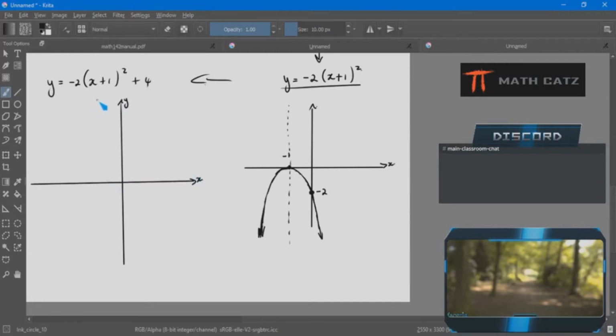Axis of symmetry sat over here somewhere at -1. We had our vertex on the x-axis, which means at 0 for y. That now shifts up 4. So let's put it really nice and high. Let's put it up here. 4 is quite a lot.